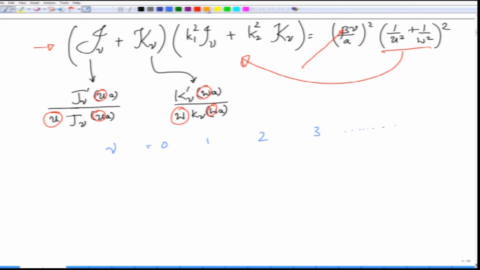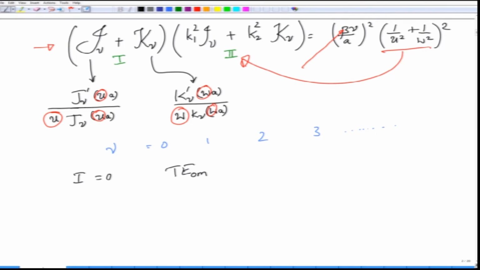One is that this term which I am denoting as 1 be equal to 0, or this second term 2 be equal to 0. It turns out that if 1 is equal to 0, that is J nu plus K nu is equal to 0, then this corresponds to solutions of the form TE 0M.